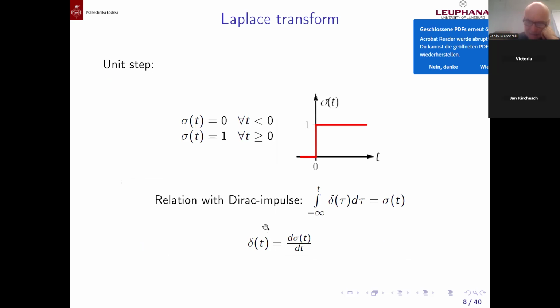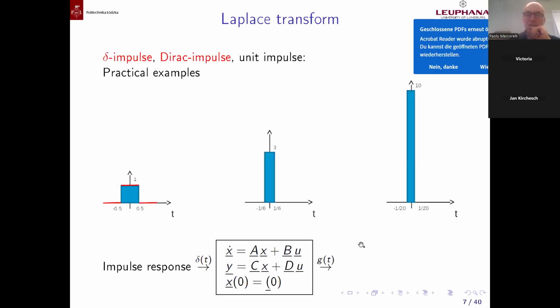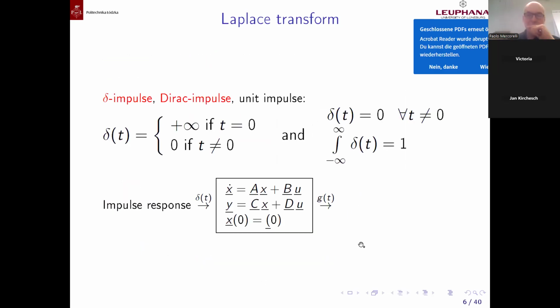Delta is the derivative of sigma with respect to t. How can we graphically justify this equation here, in accordance with this practical interpretation of this definition?